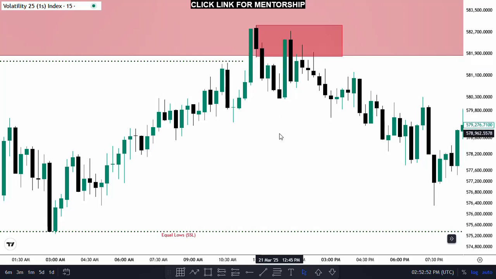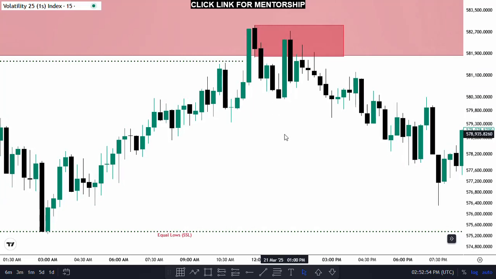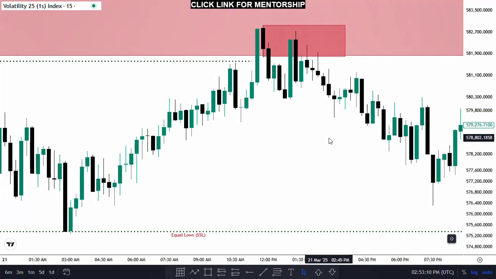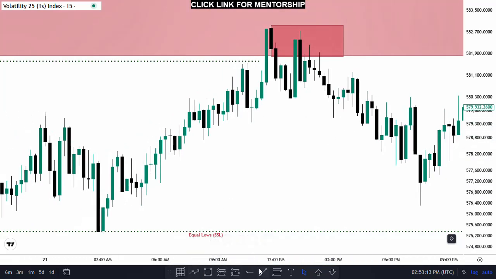Also, they are not exactly equal, but you can draw that one out if you want. But the most prominent fair value gap that you want to draw is this one right here.